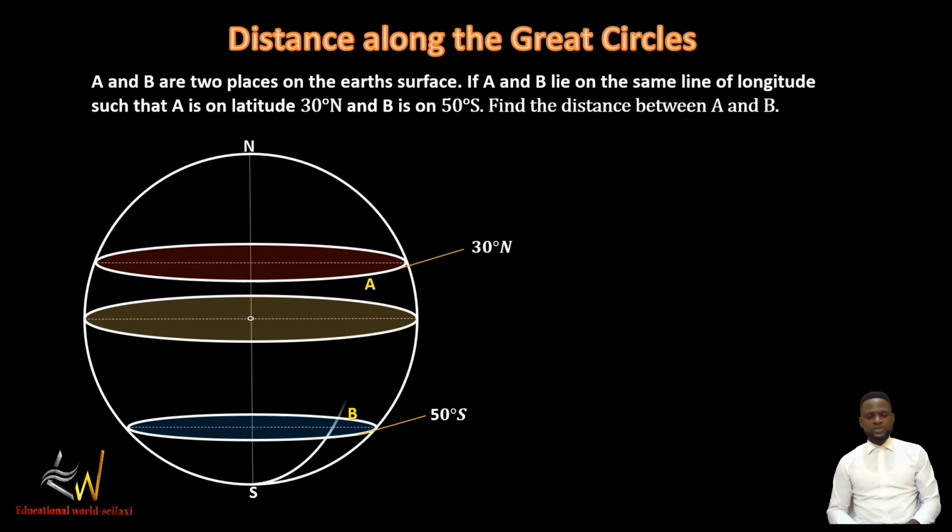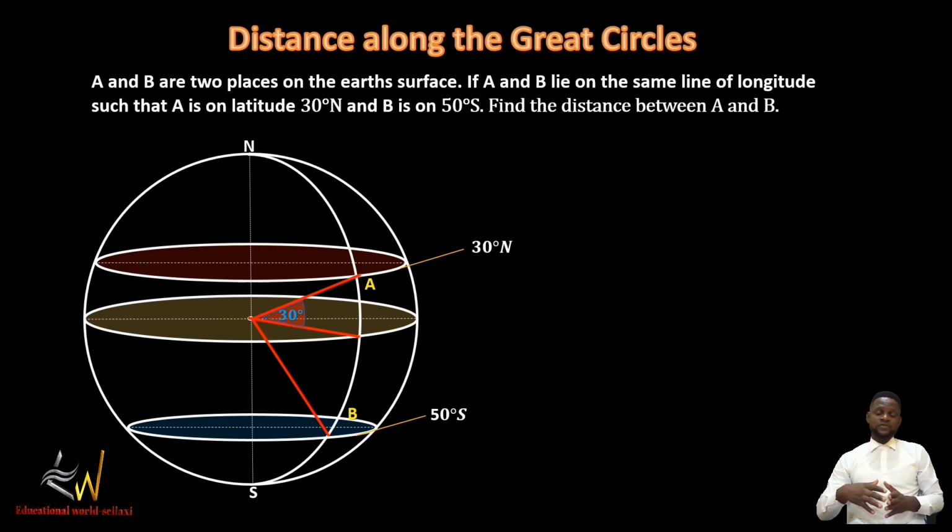That's the longitude that joins the two latitudes together. So latitude B is at an angle of 50 degrees south, while latitude A is 30 degrees northward, that's north of the equator.